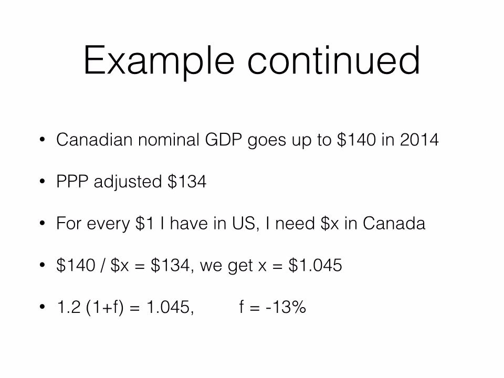So then I can calculate the inflation rate in Canada from 2013 to 14, and that is done on the last line. And we see that the general price level went down by 13% in Canada.